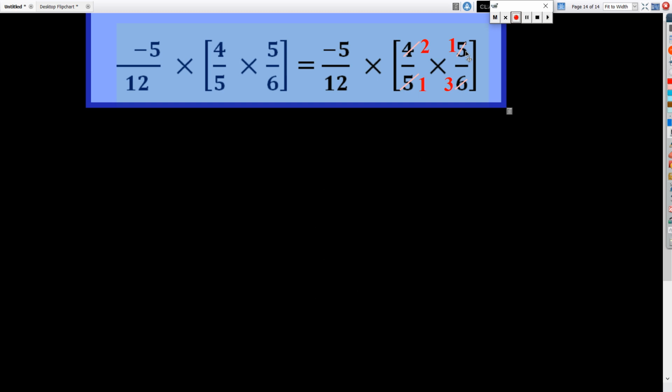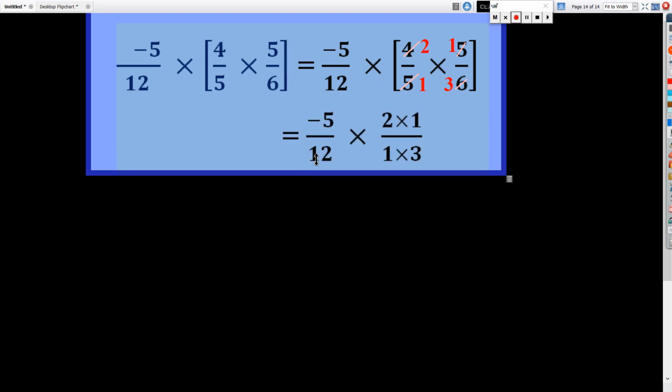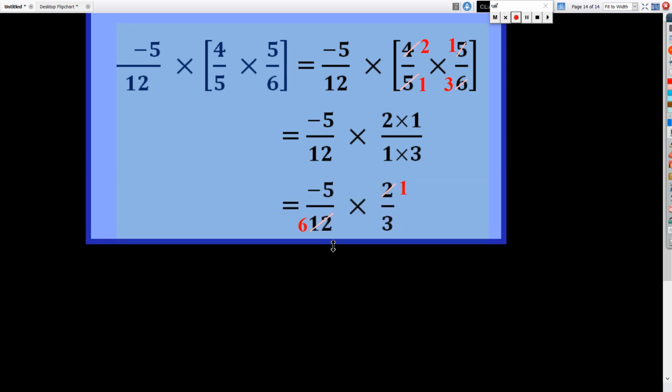And 5 and 5, again divided by 5, 1 each. So you can write negative 5 by 12 into numerator is 2 into 1, denominator is 1 into 3. Again you can write it as negative 5 by 12 into 2 by 3.